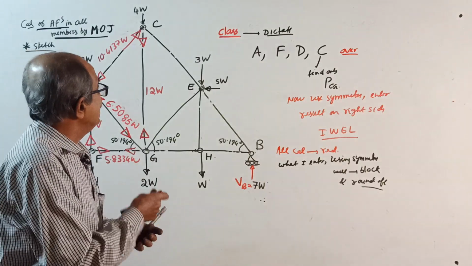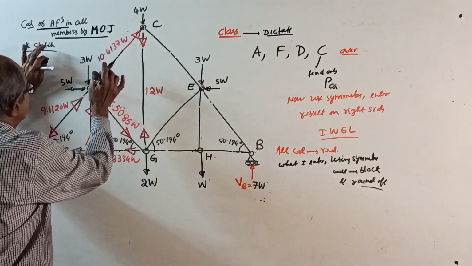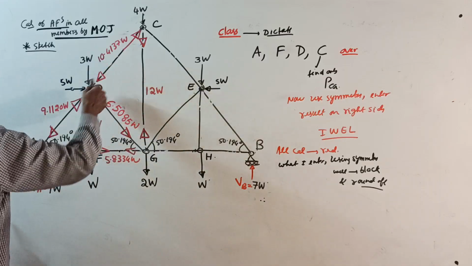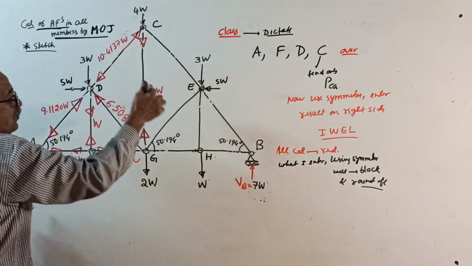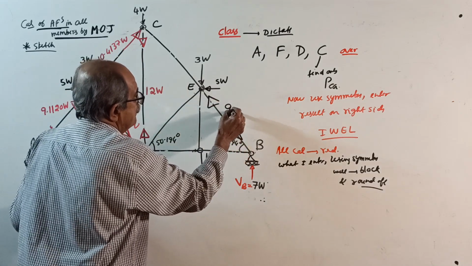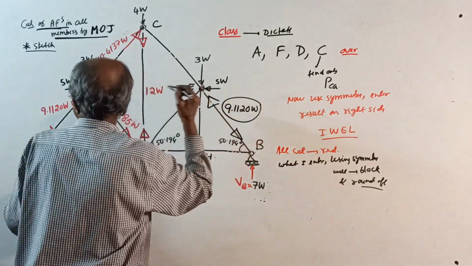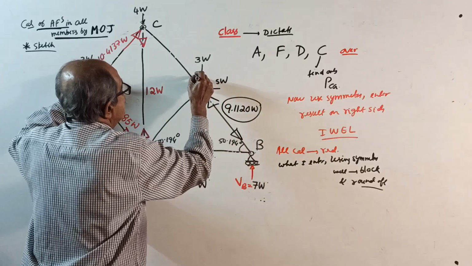I will do one thing. Make a note here. Now by symmetry. Symmetry means same nature. See, 9.1120 this way. I'm rounding off. 10.4137.